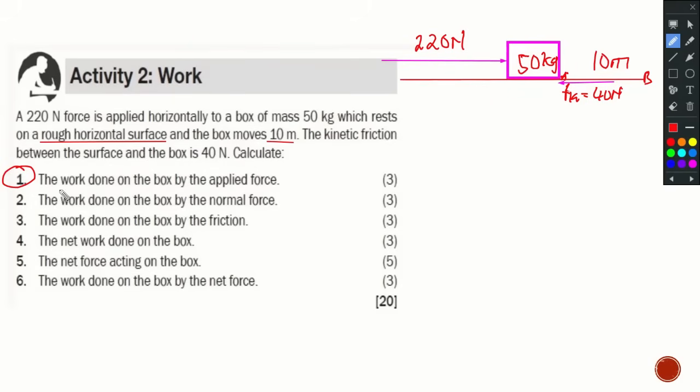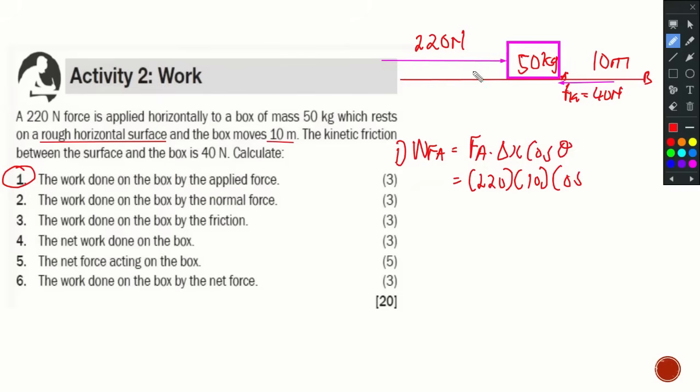Number 1, calculate the work done on the box by the applied force. So work done by force applied will be force applied, delta x, and then cos theta. The magnitude of the force applied is 220, the displacement is 10 meters, and then what's theta?